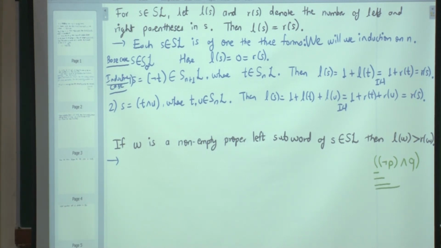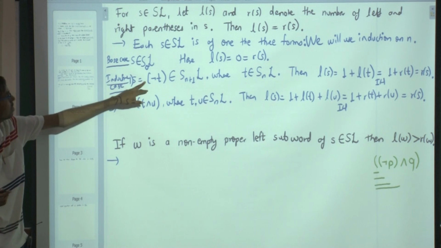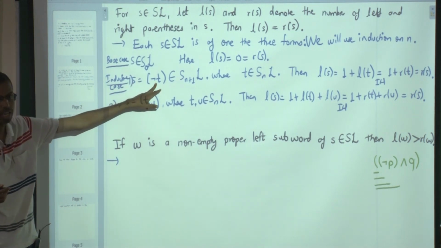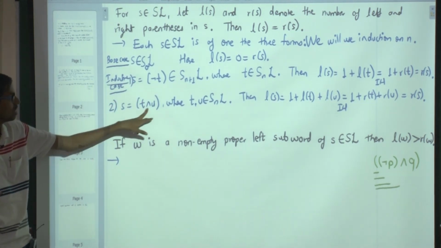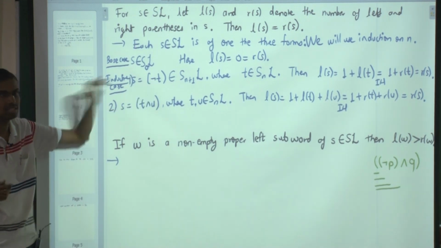Then what about the inductive case? In the inductive case, you can either have S is equal to negation T or you can have S is equal to this. So let us consider this case.